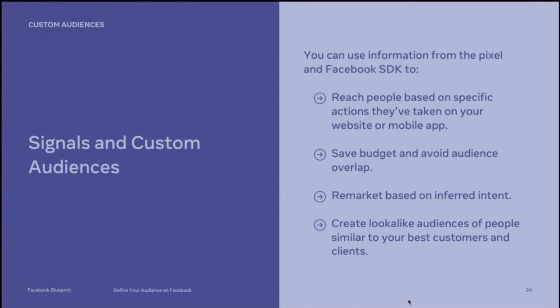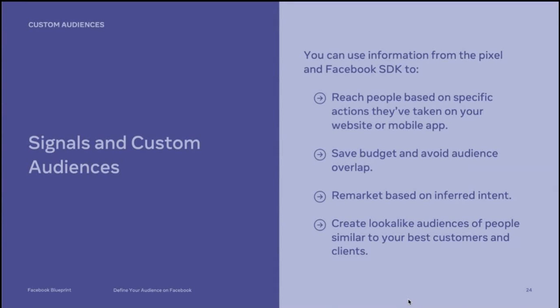You can use information from the Pixel and Facebook SDK to create your custom audience. You can reach people based on specific actions they've taken on your website or app. You can save budget and avoid audience overlap. You can do remarketing based on the inferred intent of your audience, based on how they have interacted with or visited your website or app. You can also create a lookalike audience of people who are similar to your best customers and clients.